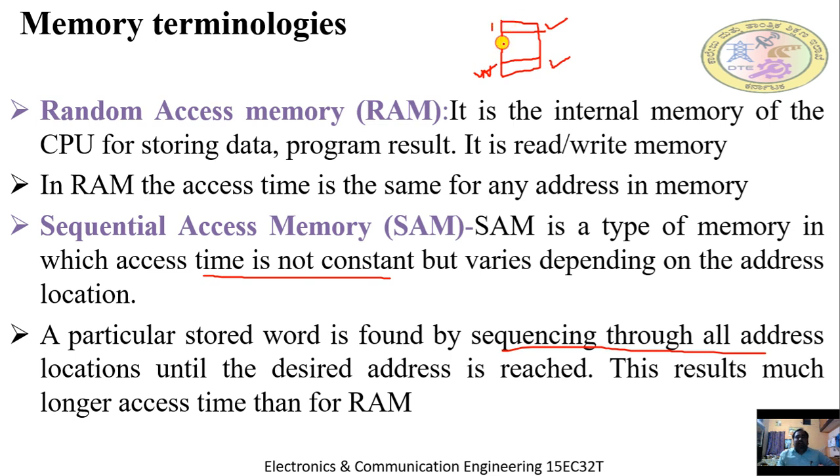If it fails, it will look for the same content in the second location. Like this, it sequences through all the locations until the desired address, the last address, is reached and the last content is found. So it has to sequence through all the locations. That's why it takes more time.